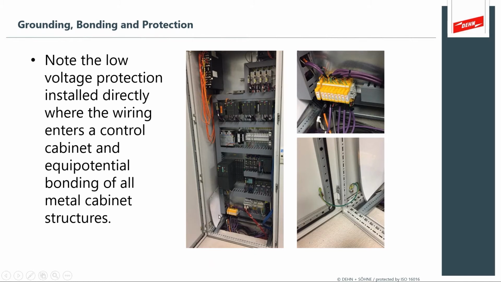You have bonding in the master ground bar inside that cabinet. But what's important is that this is the other end of that flow meter. So we're installing surge protection directly where the wiring enters the control cabinet to provide the best control of that voltage before it hits the IO control systems.